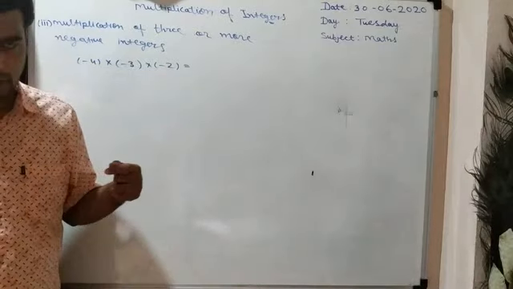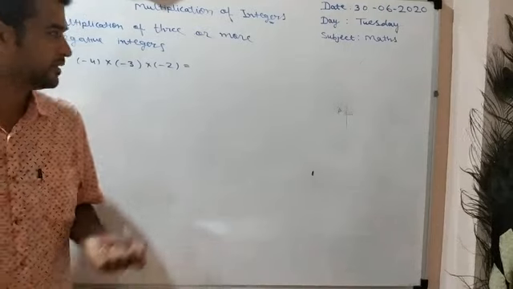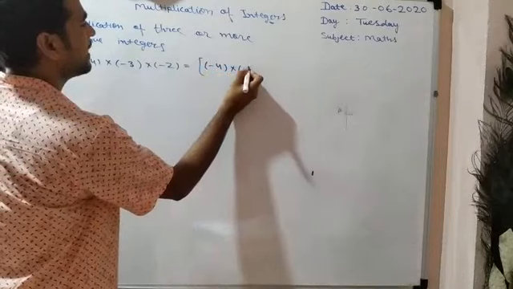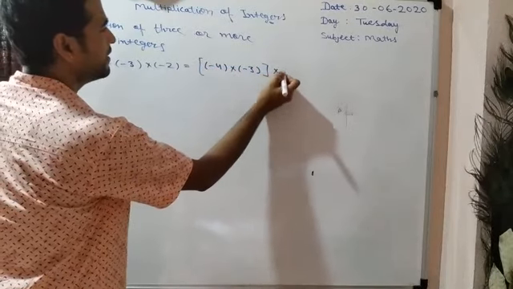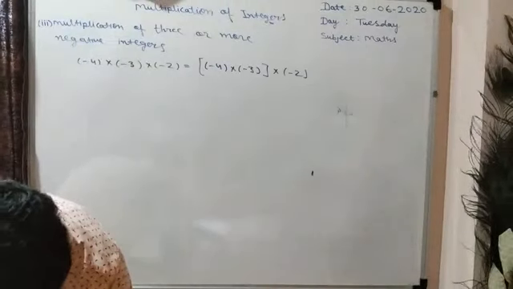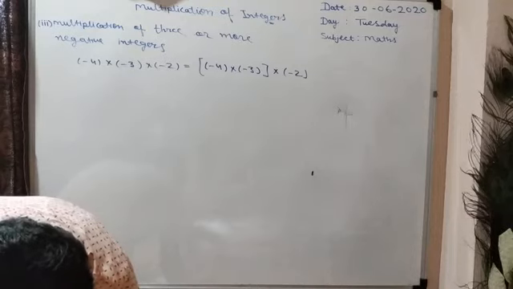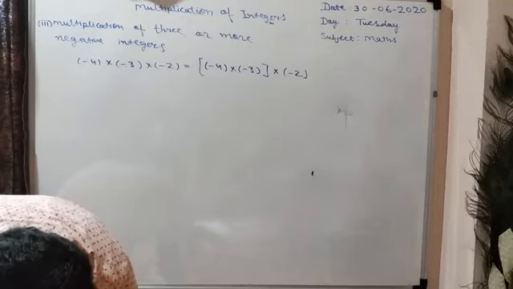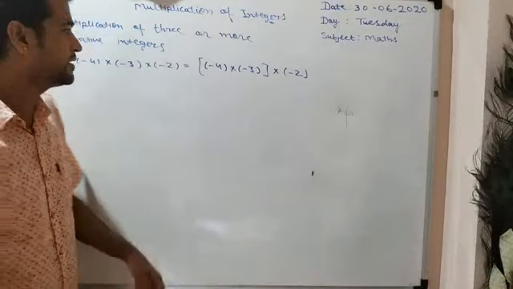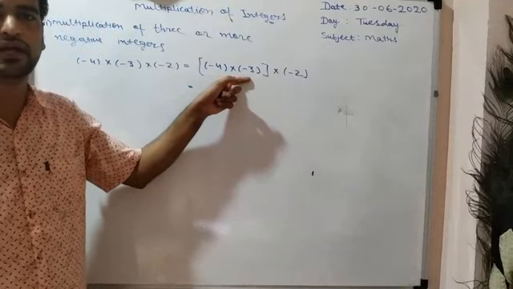Okay, so we know how to multiply two negative integers. So we can write -4 into -3 in bracket, into -2. Here we have two negative integers.